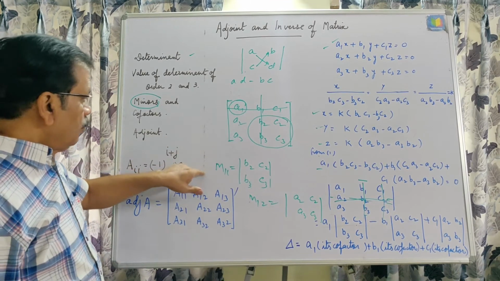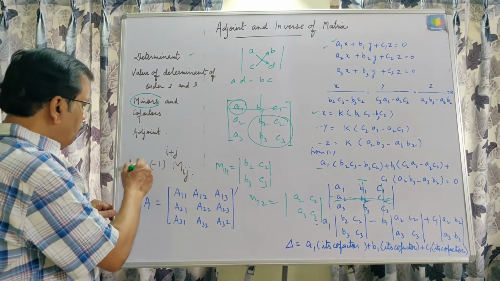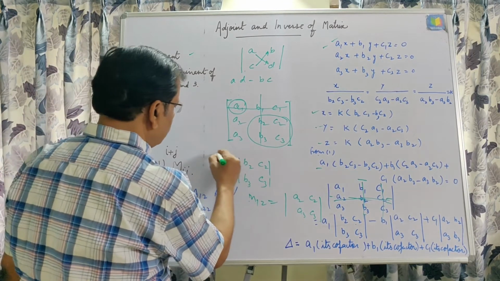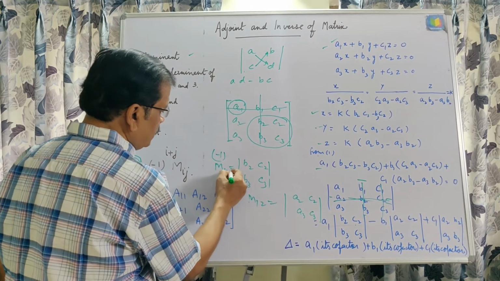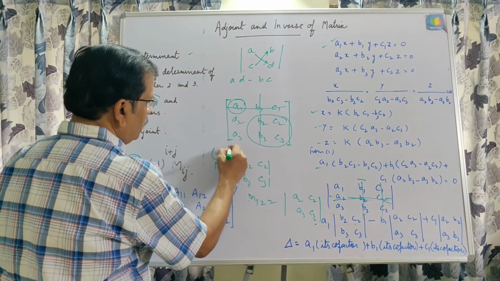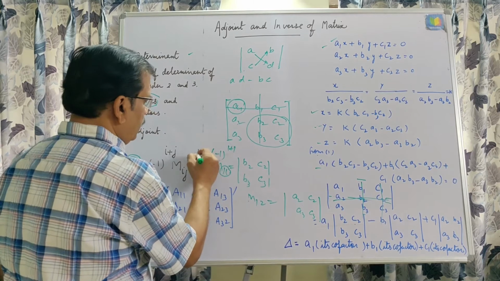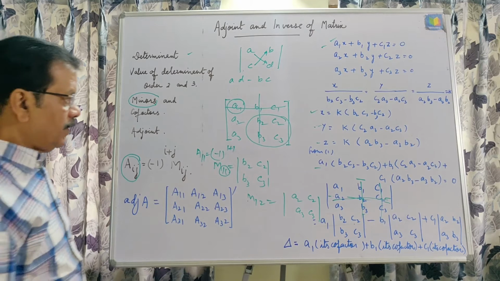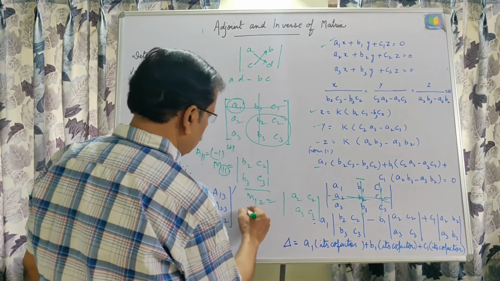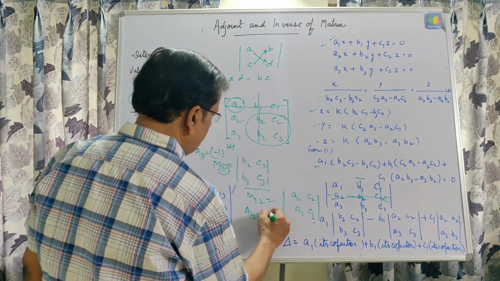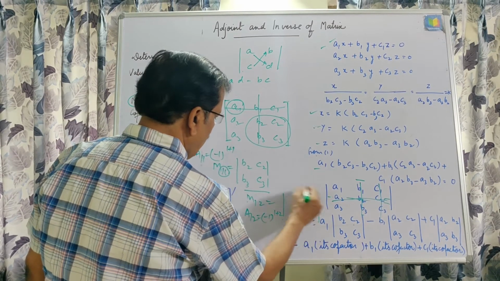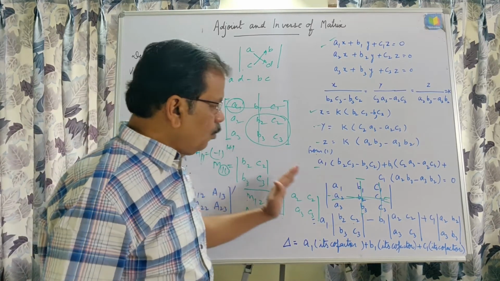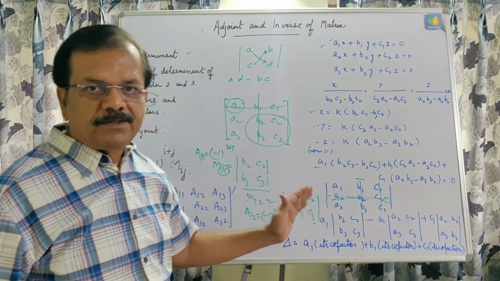Okay, and cofactor, generally represented by capital A, is equal to minus 1 to the power i plus j, where i and j mean row and column. Here, cofactor is equal to minus 1 to the power 1 plus 1 and this value. In the same way here, cofactor is minus 1 to the power 1 plus 2 and this value, and this way we can find the minor and cofactor of any matrix.